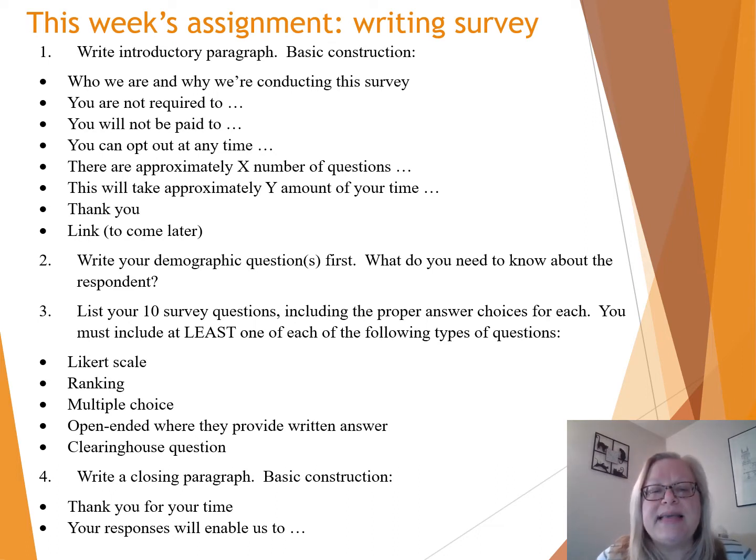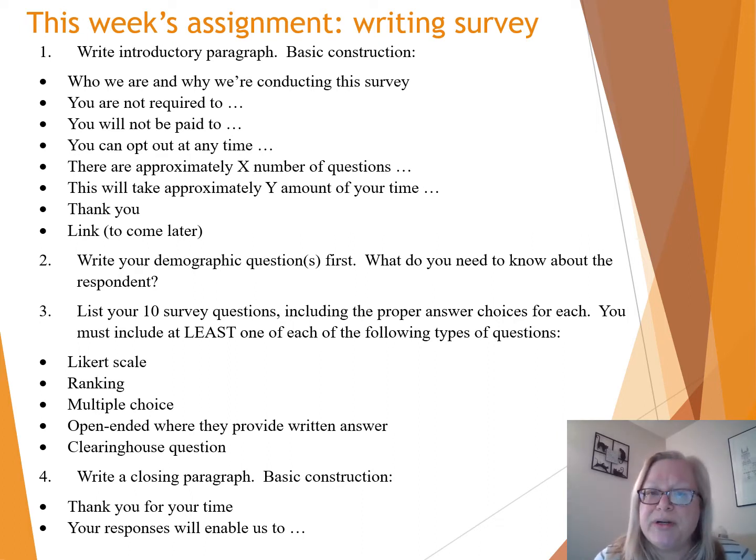The first one is a Likert scale question. Likert scales were discussed last week, and I'll include a document in this module with some examples of those, okay? A ranking question. Ranking questions were also discussed last week, so make sure you're formatting that correctly.